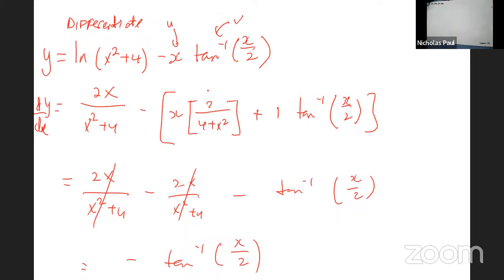All right, last one. Please differentiate. This is 2017, number 1A. Find the first differential of f of x is equal to cos inverse sine inverse x. Cos inverse sine inverse x.